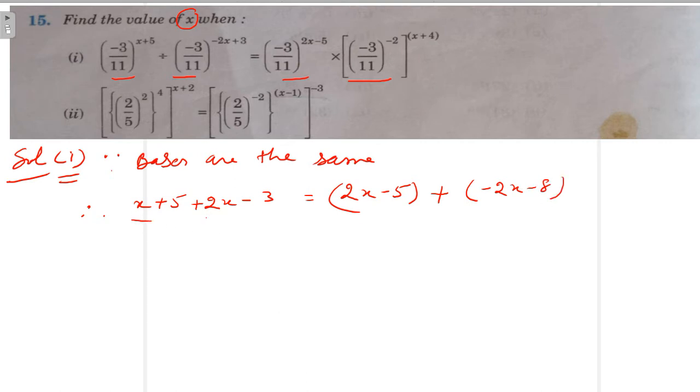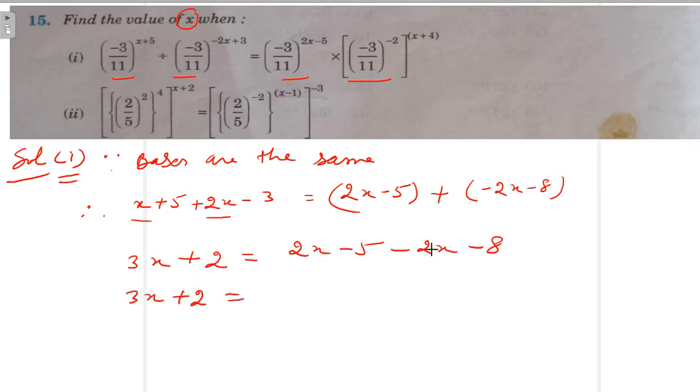So x is added with x, so it will become 3x plus 5 minus 3, open the bracket, 2x minus 5 minus 2x, so minus 8. So 3x plus 2 becomes 2, minus 2x plus 2x got cancelled, minus 8 plus 5 minus 13.